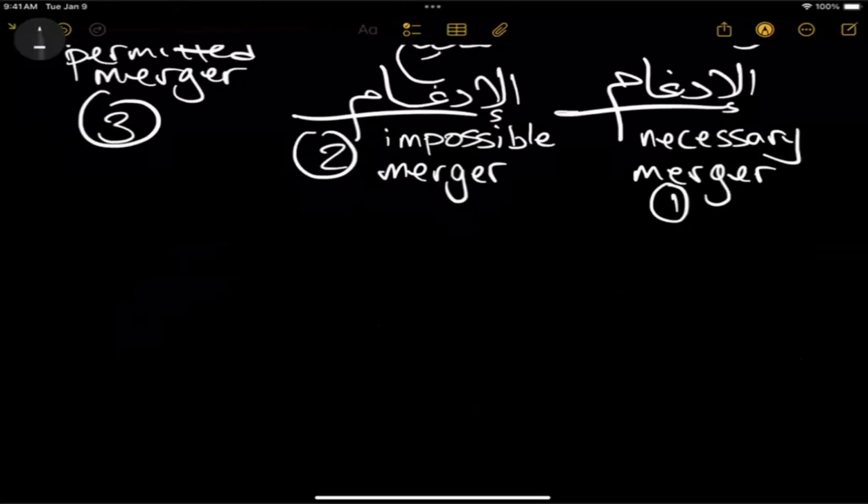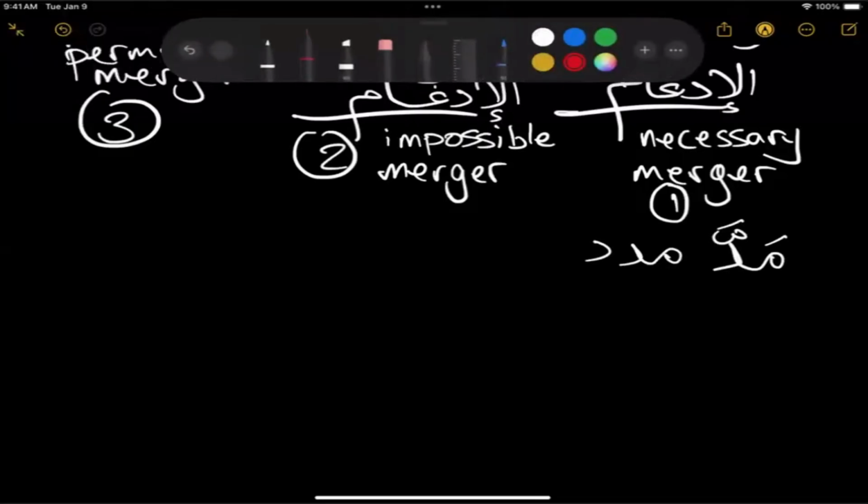So when do you have a necessary merger? In the madda, you'd say madda. You don't say madada. Would you break the dals apart here? No, you will not. Necessary idgham here. You must put those together.